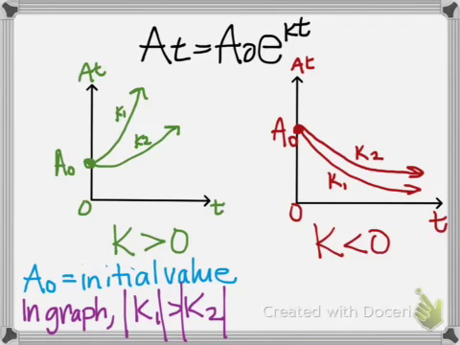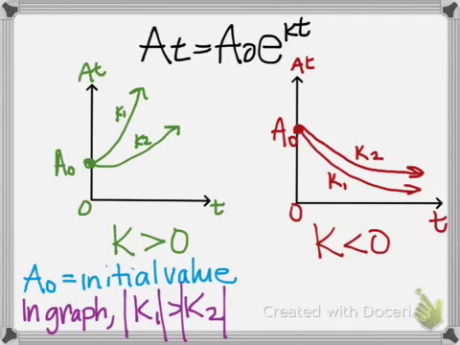So if you look at the first graph of exponential growth, k sub 1 is growing at a much faster rate than k sub 2. And when you look at the second graph, k sub 1 is decaying at a much faster rate than k sub 2 as well. So even though k sub 1 would be a smaller number, the absolute value makes it bigger.